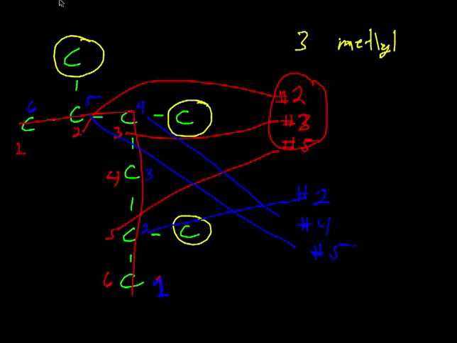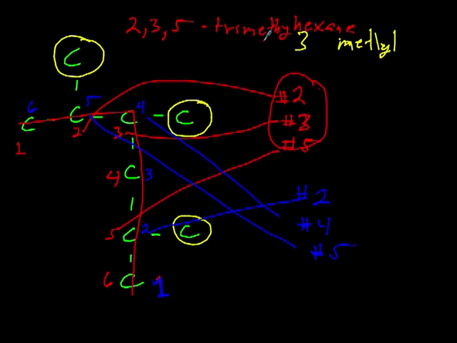And so in this case, we're going to have 2, 3, 5, trimethylhexane. That's going to be your name. So every time you have a group, you have to number it.